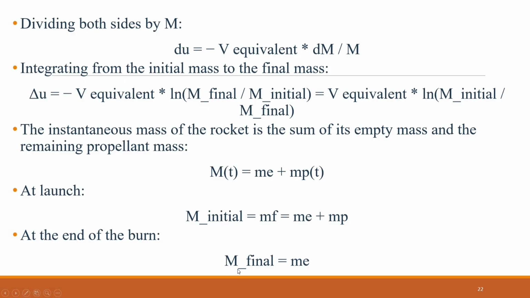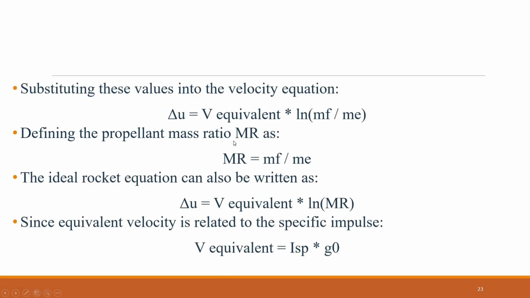At the end of the burn, final mass equals empty mass. Substituting these values into the velocity equation: change in velocity equals equivalent velocity multiplied by natural logarithm of initial mass divided by empty mass. This is known as the ideal rocket equation.